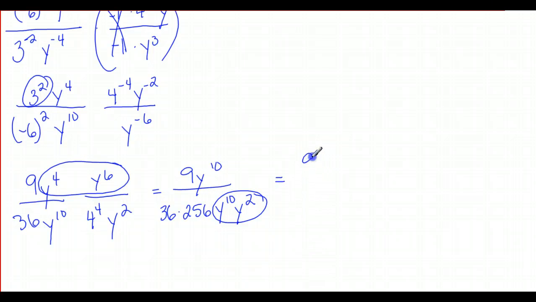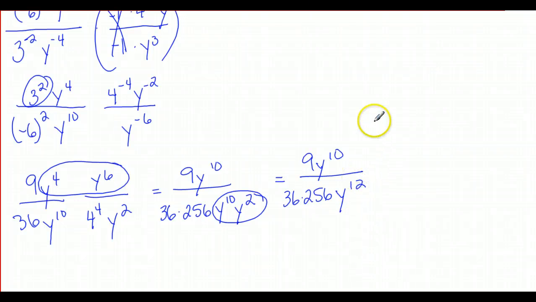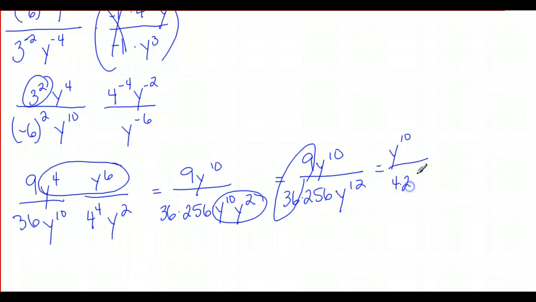So I have 9y to the 10th over 36 times 256 y to the 12th. Now, before I multiply the 36 and 256, I'm going to reduce the 9 and 36. So I have y to the 10th over 4 times 256 y to the 12th. I'm going to simplify my y's.